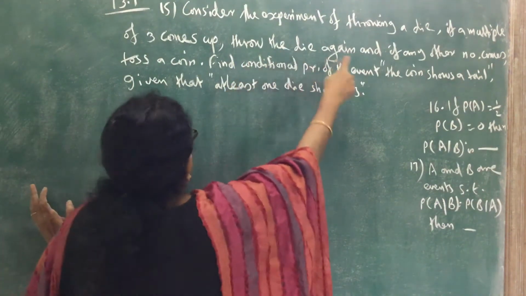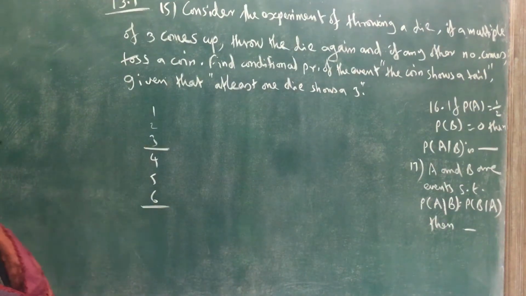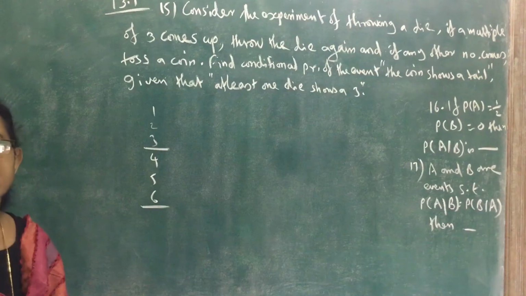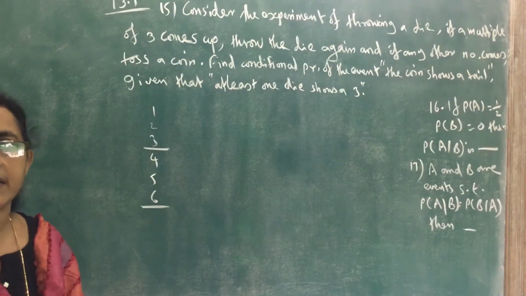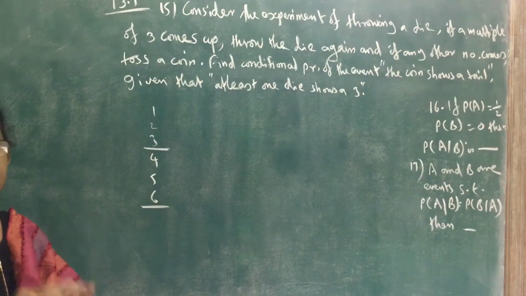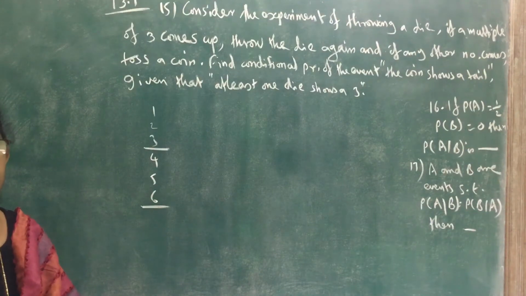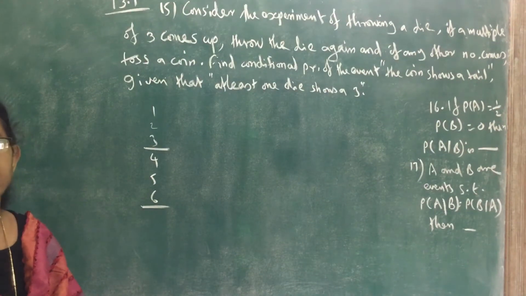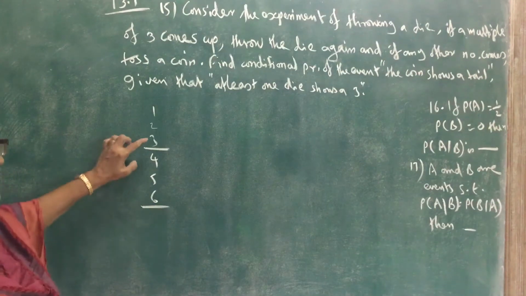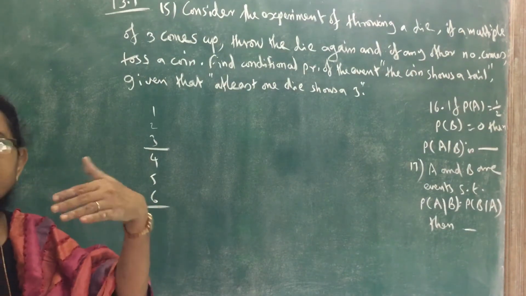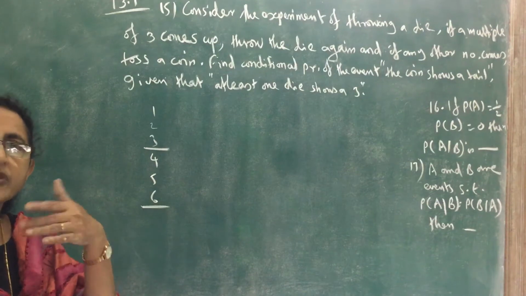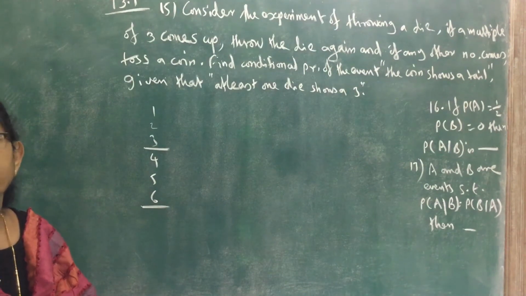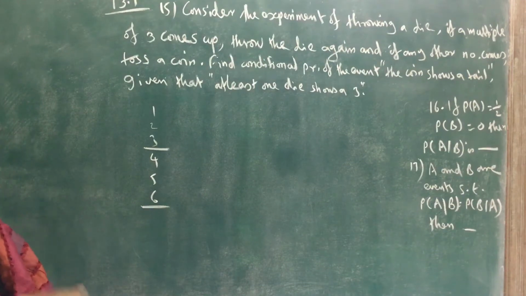So in the case when you throw a die first and you get 3 or 6, you have to throw the die again. What are the possible outcomes in the second throw?